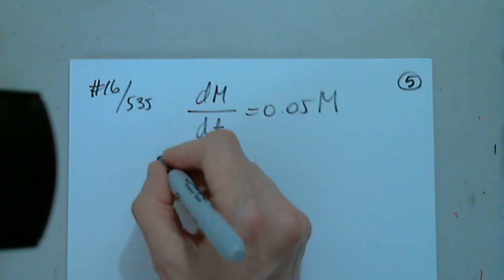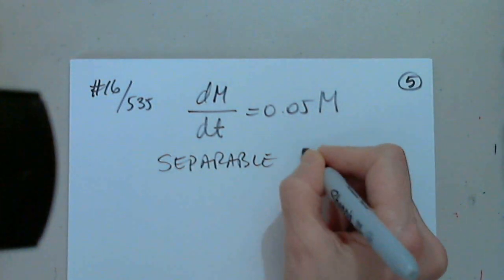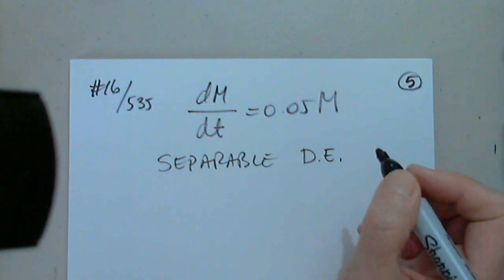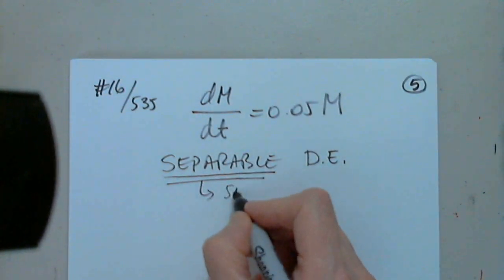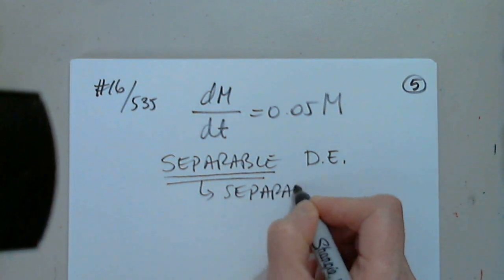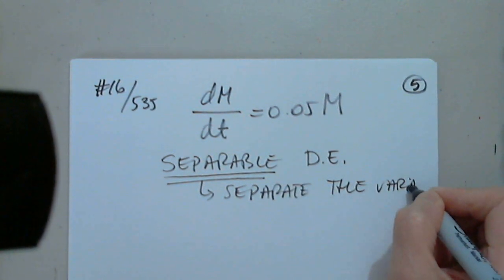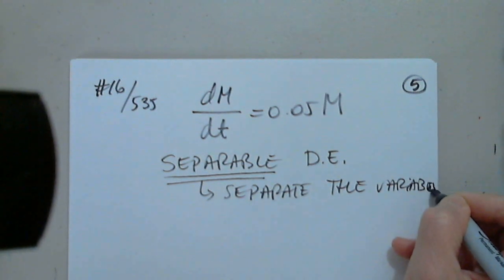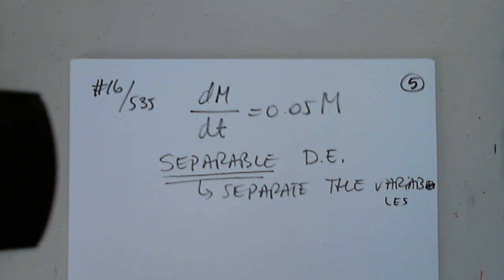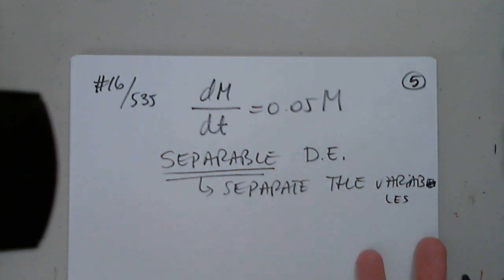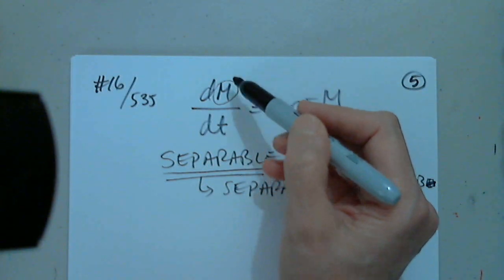This is something called a separable differential equation. What does this mean? It means separate the variables. Okay, what does that mean? What do I separate? Okay, I want to separate m from t.